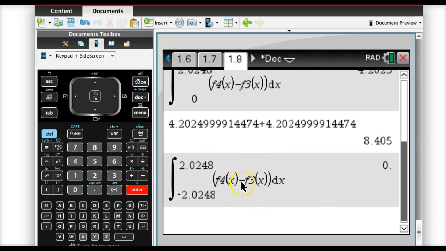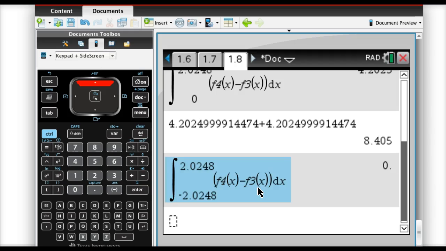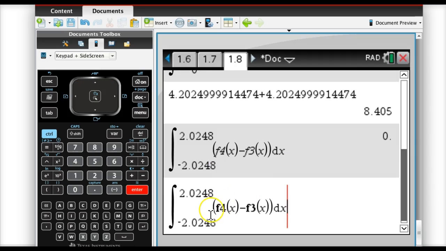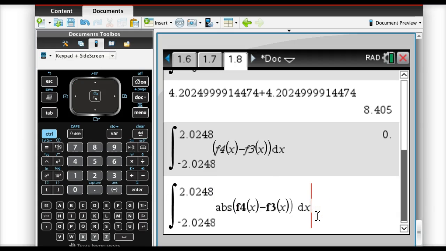So this will not find the area for us because this top minus bottom is a bottom minus top for the other scenario. What if I do this instead? What if I type in the absolute value? And I do from the left to the right, and I got the absolute value there.